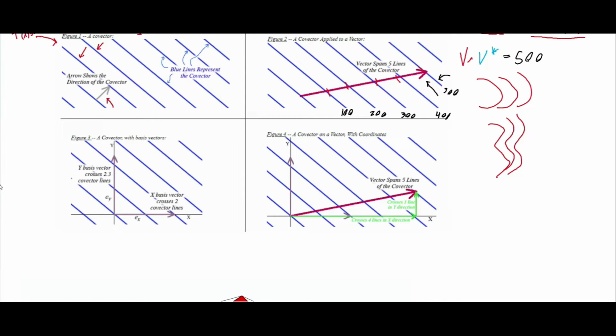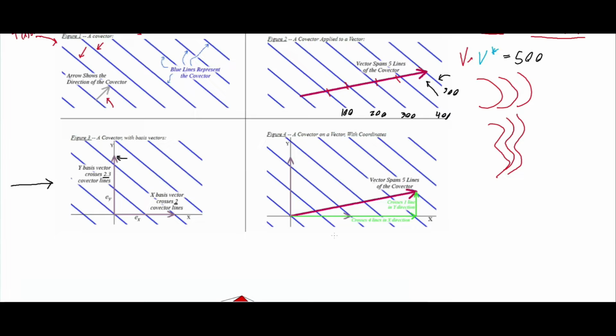And so down here we have the covector with a basis vector. And so we see that this spans 2 and a little bit of these covector lines. So this crosses 2.3 covector lines. This one crosses 2.